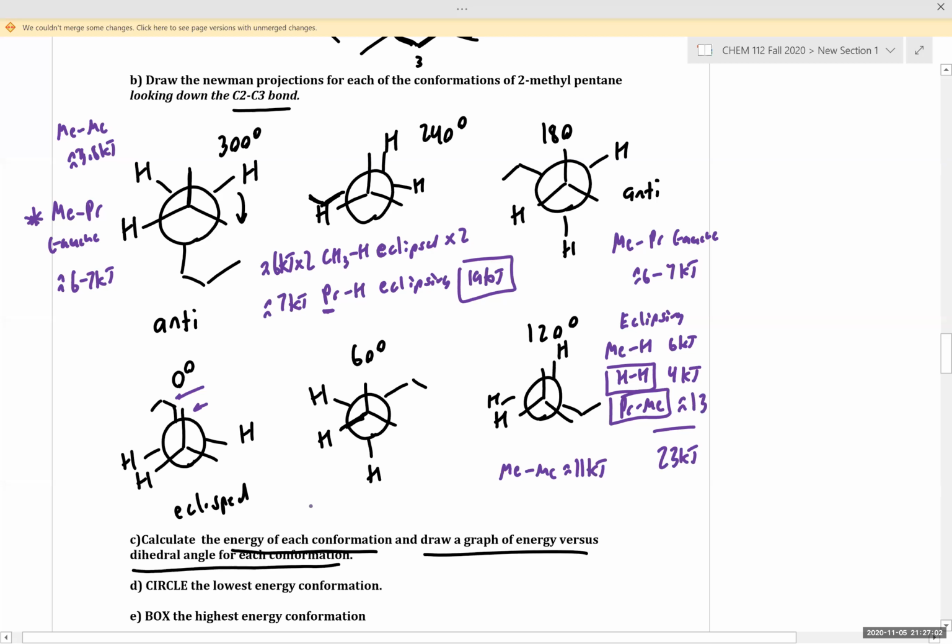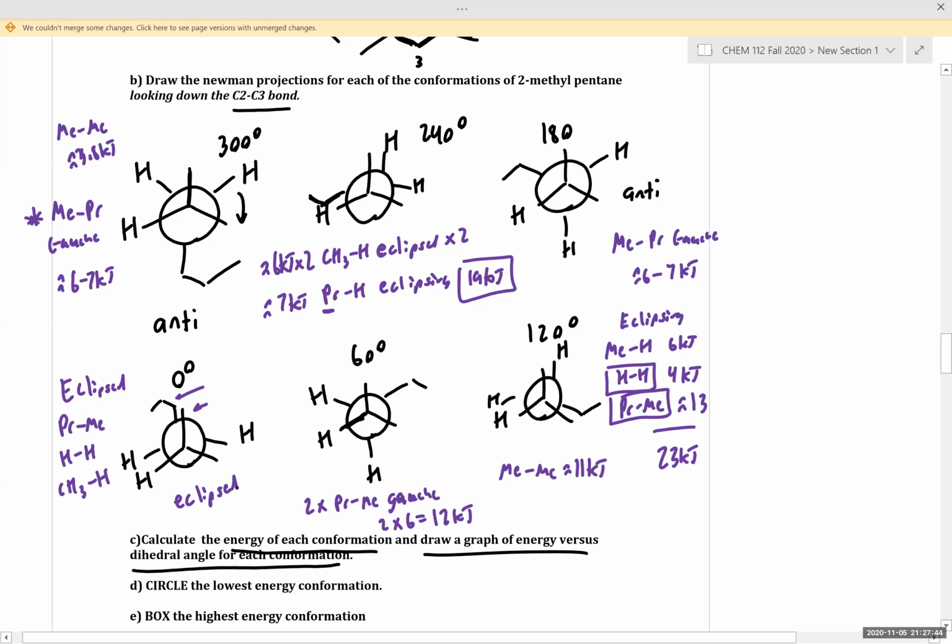For our 60 degree, we have 2 propyl methyl gauche interactions, which we would estimate to be 2 times around 6, which gives us 12 kilojoules. And for our final eclipsed conformation, we have a propyl methyl, a hydrogen hydrogen, and a methyl hydrogen eclipsing interaction.